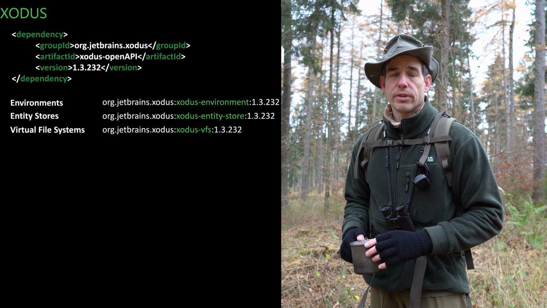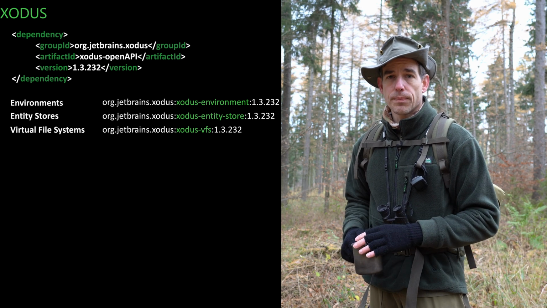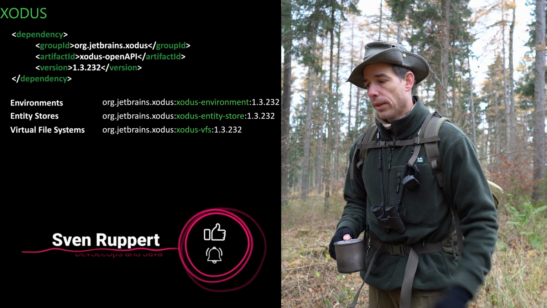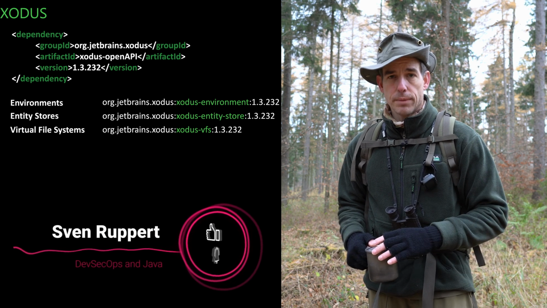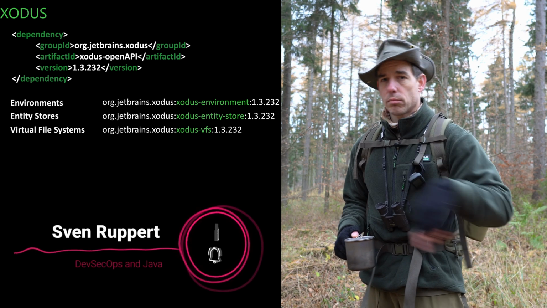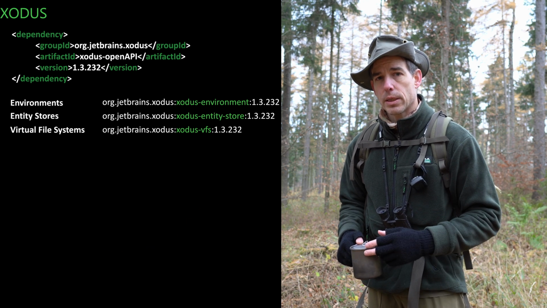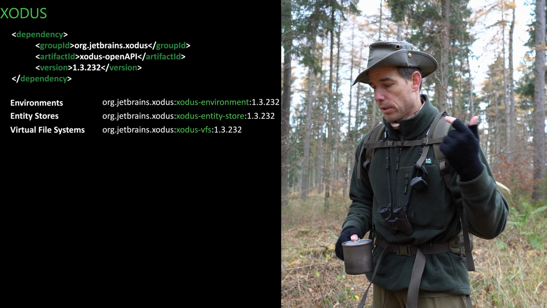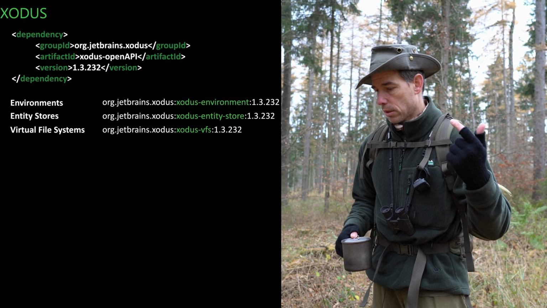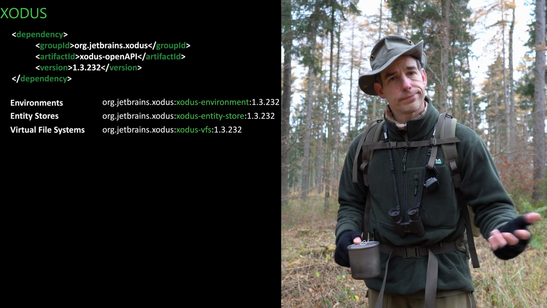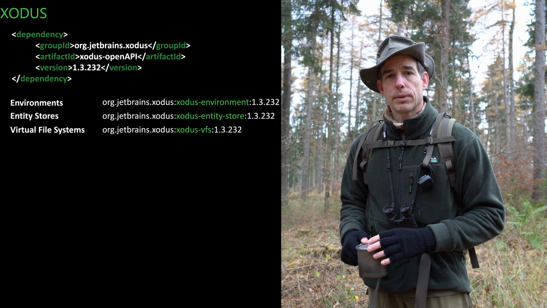On GitHub you will find it under JetBrains/Xodus, and then you have this API. This is the dependency, I will write it somewhere here. And then you have the 3 different dependencies: environments, a virtual file system, and entity store, I think. But this we will cover in a second.